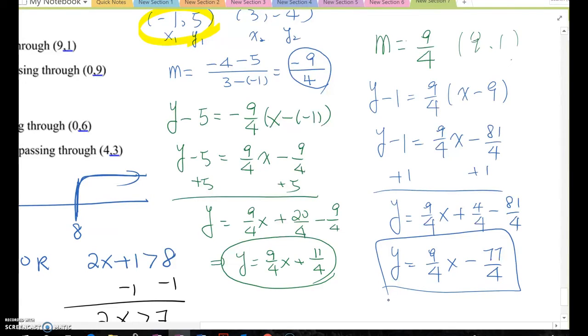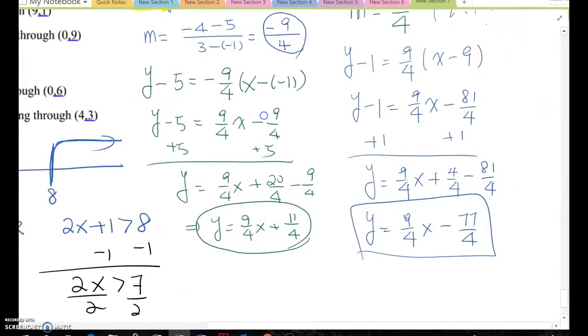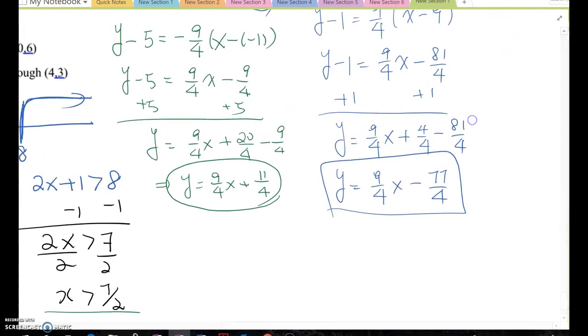Okay? Now part C here: find the line perpendicular to the line passing through 0 and 9. What's the key concept of perpendicular lines? Yes, based on the given slope, the perpendicular line slope will be the opposite and reciprocal. Now we know the original slope was negative 9 over 4. Therefore, we can find the perpendicular slope must be the opposite reciprocal, like this, right?